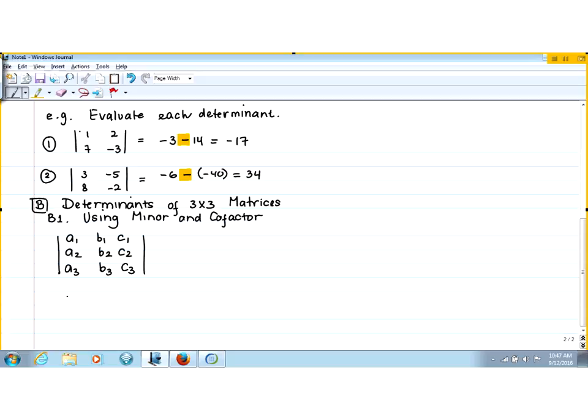The checkerboard signs always start with positive. So positive followed by negative, positive. The first row, first column is always positive. And then the next one is negative, positive, negative, and then positive, negative, positive. So this is my checkerboard sign related to this matrix.